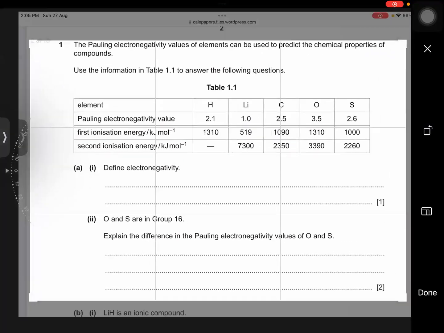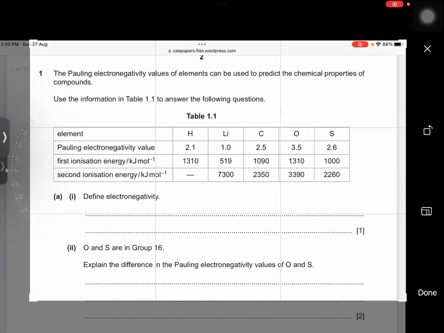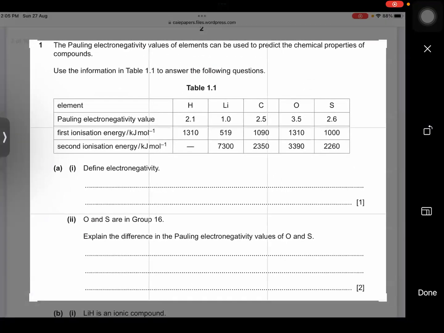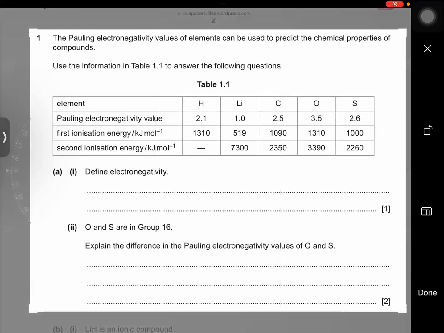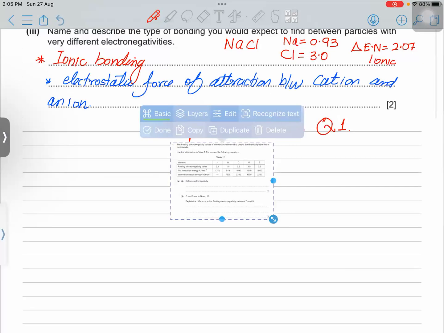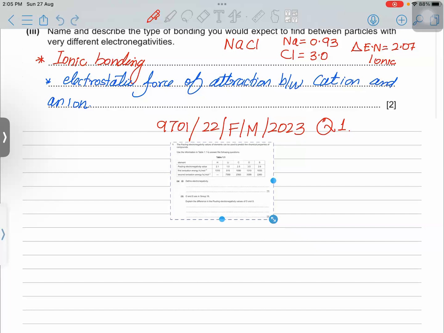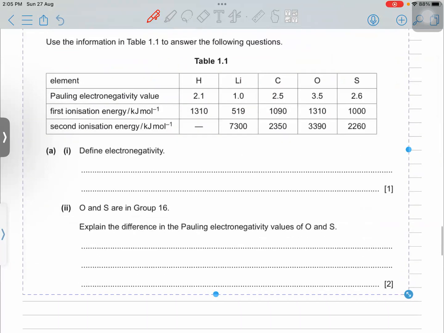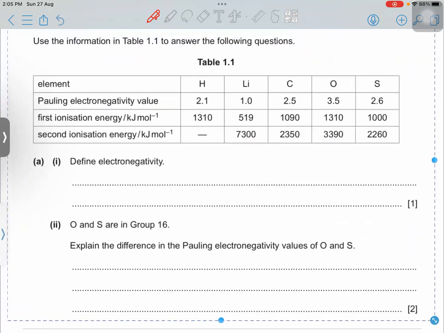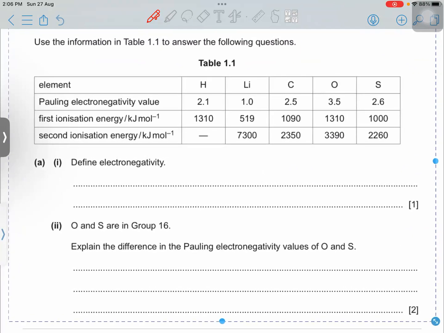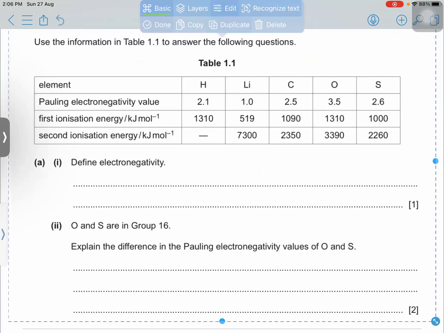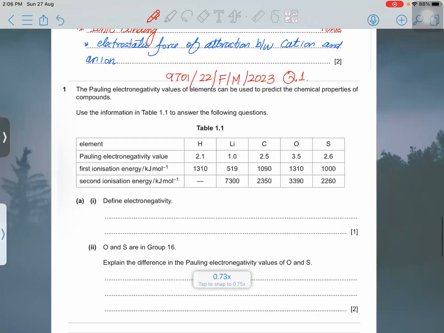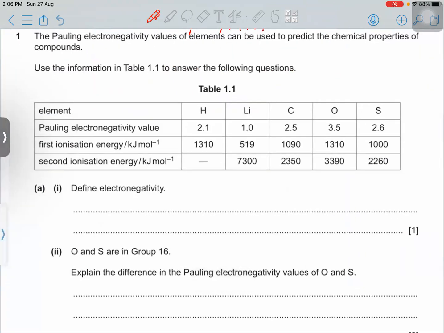Pauling scale is given. Now define electronegativity.